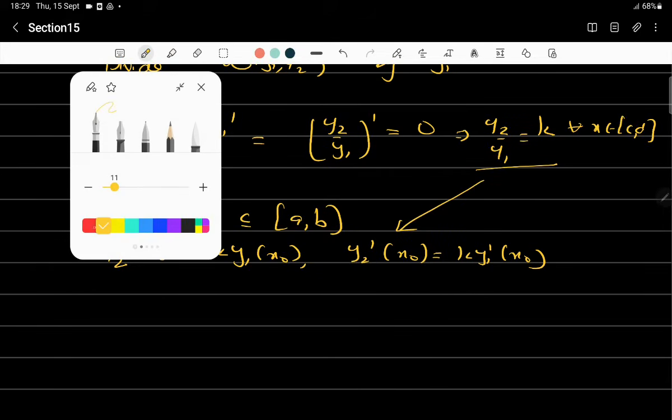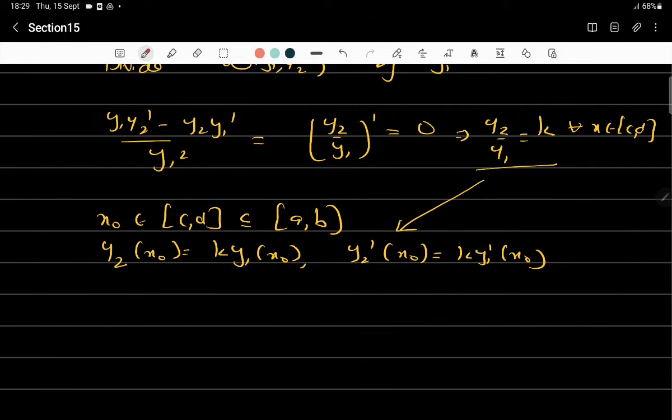So it means that the given differential equation must have a unique solution. Now what does it mean? We have assumed that the given differential equation has two solutions, y1 and y2. But if it has a unique solution, it means y1 and y2 must be related, which means one must be expressed as a linear combination of the other, or one must be a scalar multiple of the other. So this is an initial value problem having a unique solution.